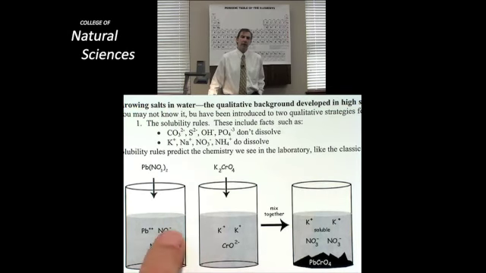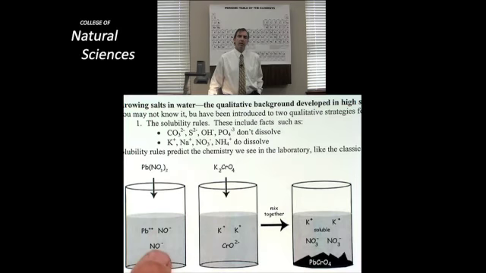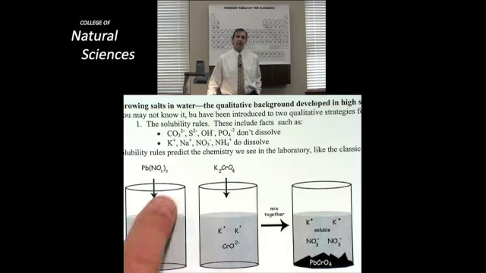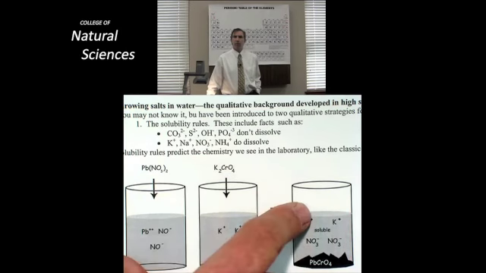Well, because nitrate ions like to stay in water, and because potassium ions like to stay in water, they don't do anything but remain soluble in water. But lead ion and the chromate ion turn out to not want to stay in solution. So they fall to the bottom as a precipitate. So this is a reaction in which I was able to predict from my solubility rules what would dissolve and what would not dissolve in water.